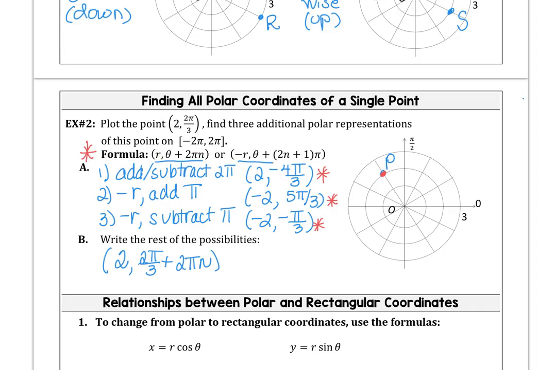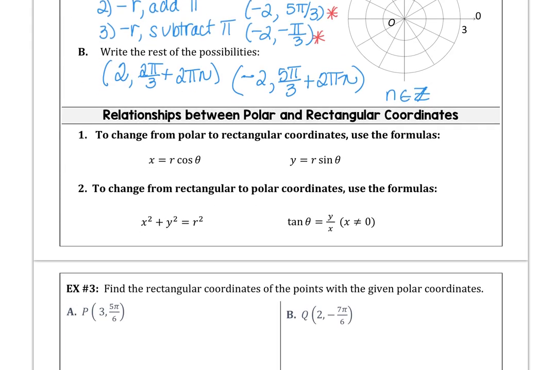And then to use this formula, we want to take the opposite of our r and add theta plus (2n plus 1) pi. When n is 0, we would add pi to that. And in each one, n has to belong to the set of integers.